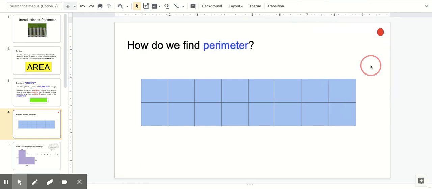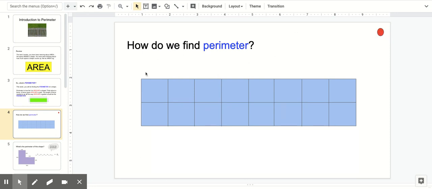And when we have squared shapes like this, shapes that have the square units visible to us, we can count the edges to find our perimeter. How many sections is it if I go all the way around? All 4 sides in this case, because it's a rectangle.